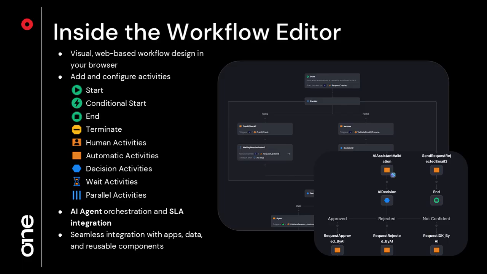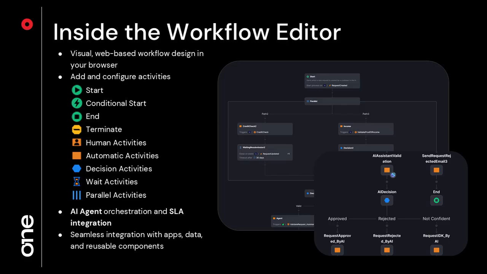In the canvas, you can add and configure activities such as start and conditional starts that trigger only when specific conditions are met. We have end or terminate activities that will define how the process finishes. We have human activities to assign work to specific roles. Automatic activities will run logic or integrations in the background. We have decision activities that can branch based on business rules.